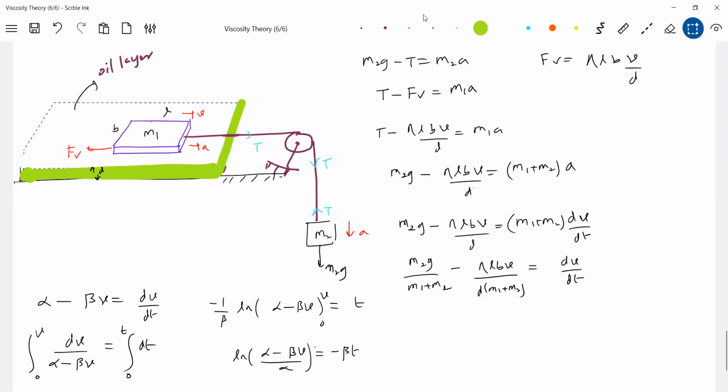So this is just mathematics. The viscosity idea is very simple here. The continuity, I'll show like this. It'll be easy for you.